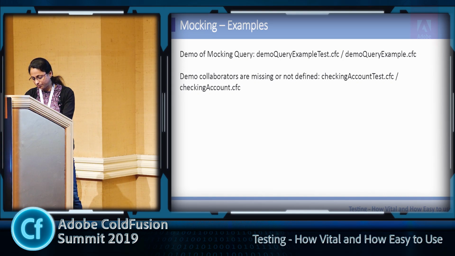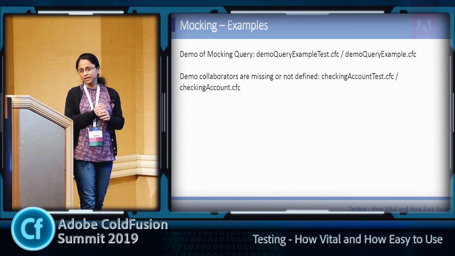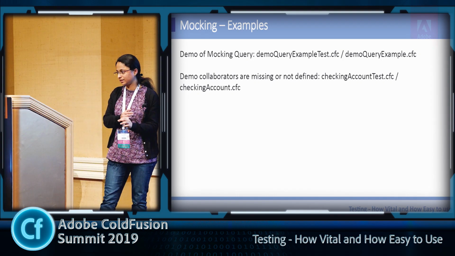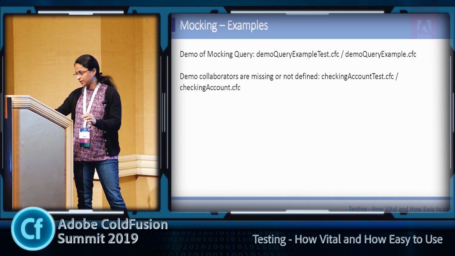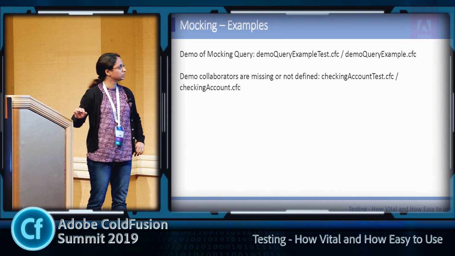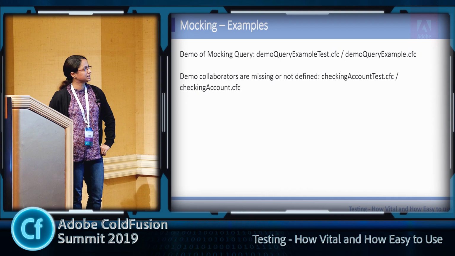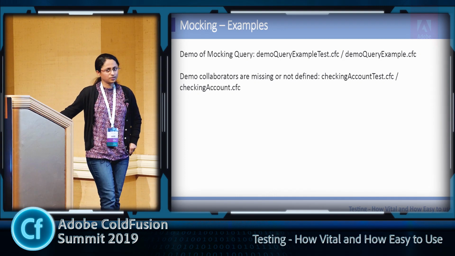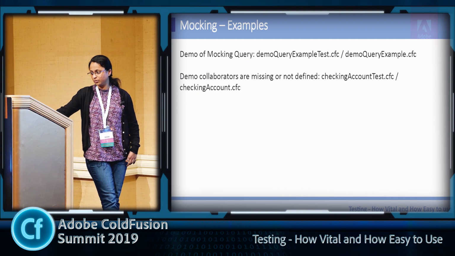So when we are testing this particular function, I want to have a query without reaching out to the database. How would I do that? These three lines of code would do that magic for us. MockBox comes with the querySim method, which will simulate the query for us.